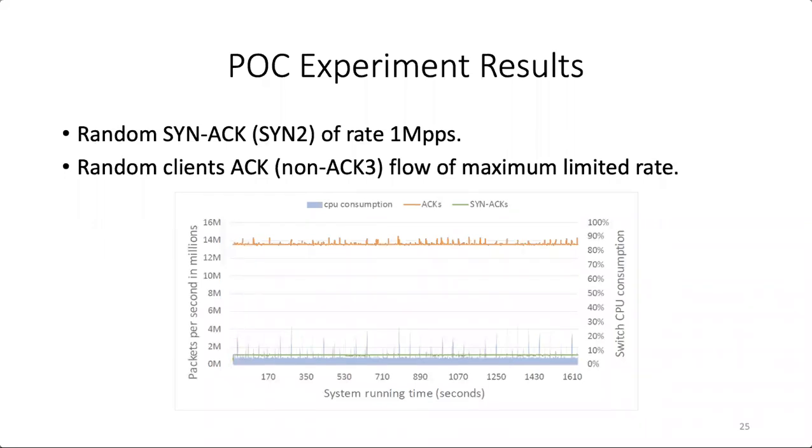We also see that the CPU usage throughout the system running time of 30 minutes was very stable, meaning that the CPU was not affected by the high rate of validation of ACK packets in the hardware. In our CPU logs, we didn't see any learned ACK packet, meaning that the CHT validation mechanism worked correctly and did not learn any ACK packet by mistake.